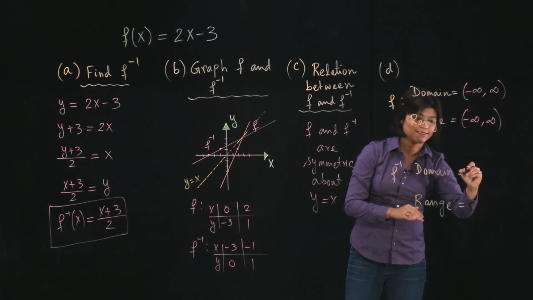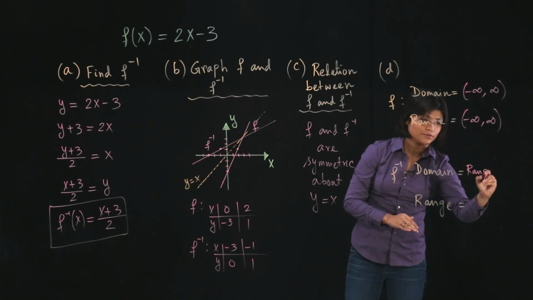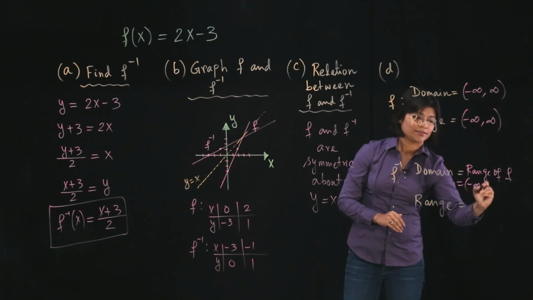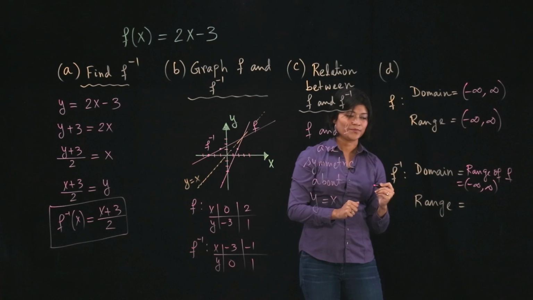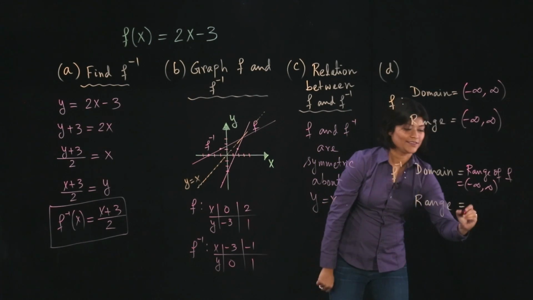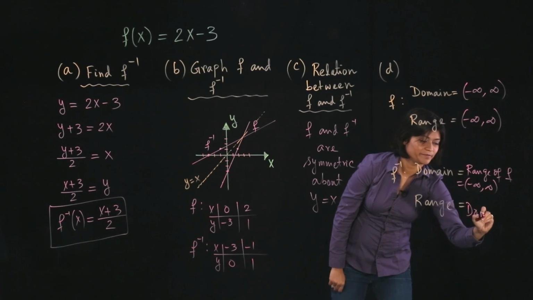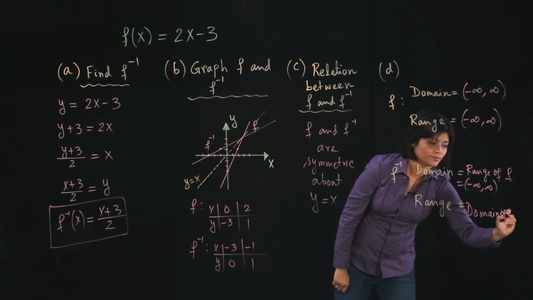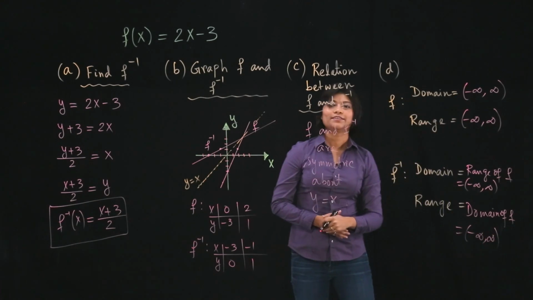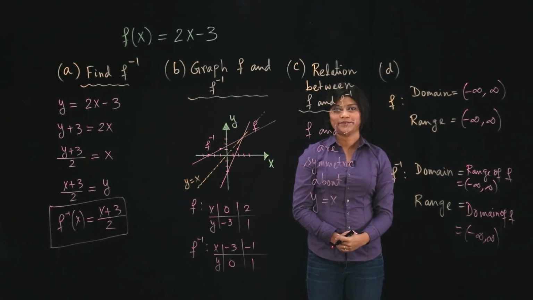So the domain is the range of f, and that is all real numbers. And guess what the range of f inverse is? It's the domain of f. And that is also everything between negative infinity and positive infinity.